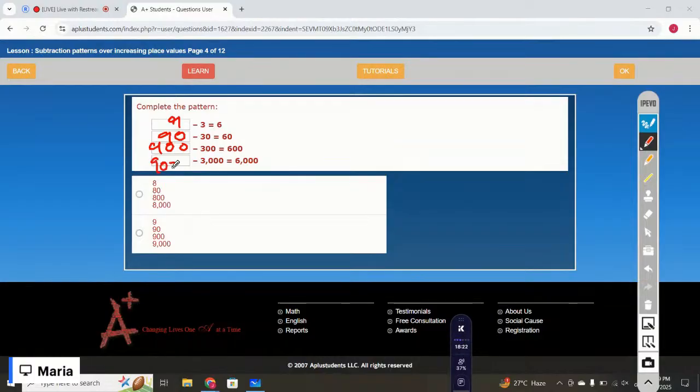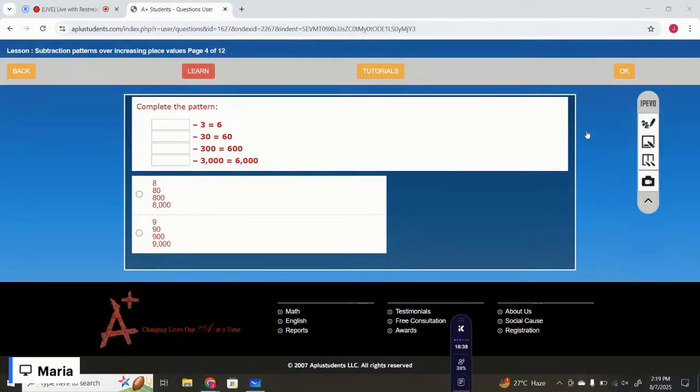And 9000 minus 3000 is 6000. Option number 2 is the correct option. There are 9, 90, 900 and 9000.